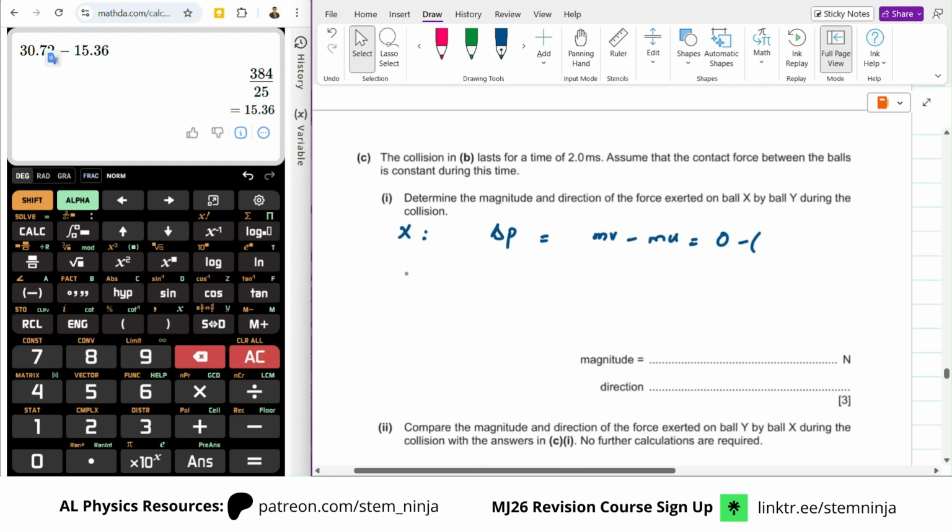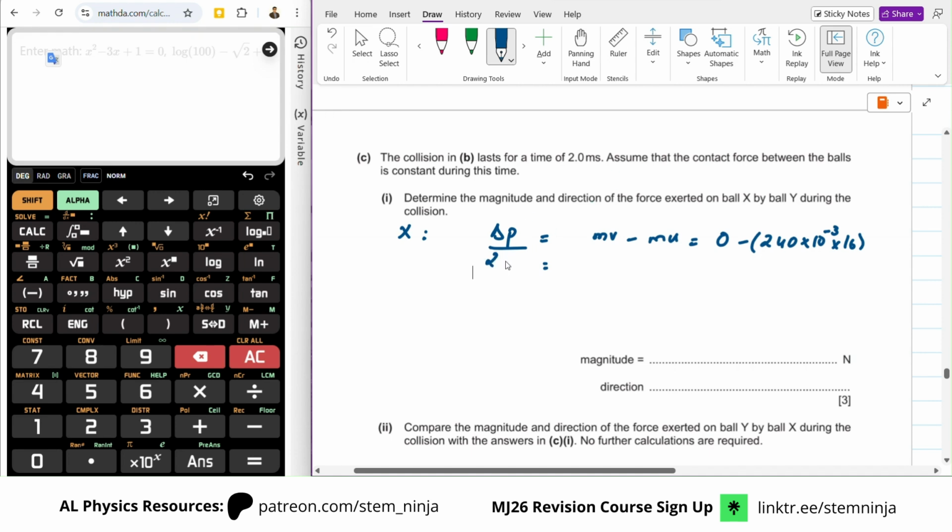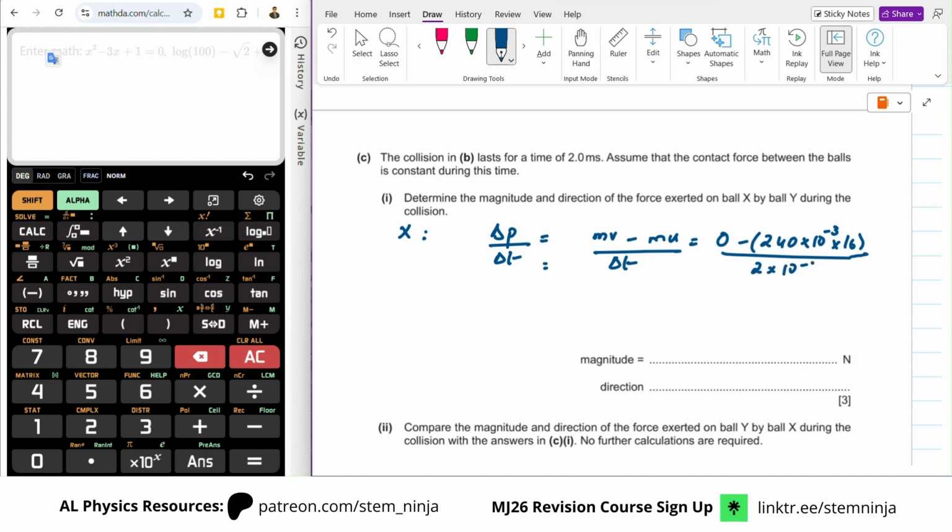240 and 16. So 240 times 10 raised to the power minus 3 and 16. The minus just means in which direction it is happening, and then divided by time of 2 milliseconds, so 2 times 10 raised to the power minus 3.